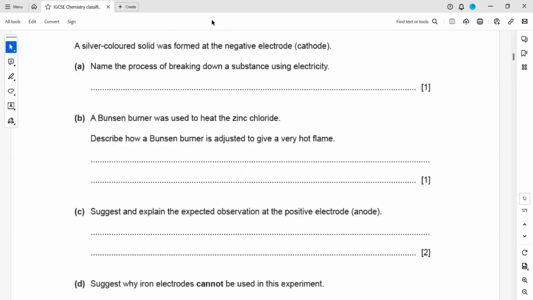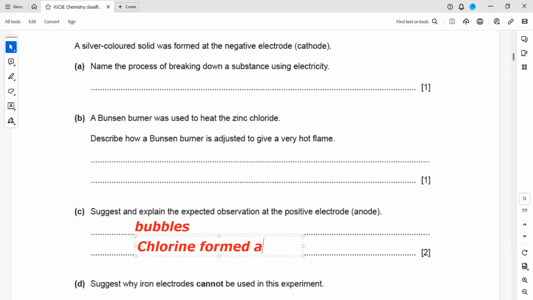So the expected observation, what will we observe? We'll observe bubbles. Suggest and explain the expected observation: 1 mark is for mentioning bubbles, that is what you observe. Or yes, you can mention a green gas forms, that's also correct. But what is the reason for that? Because chlorine is formed at the anode.